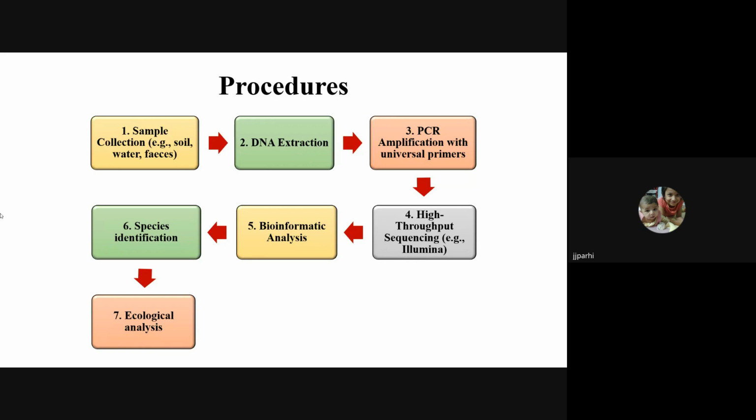Then we do bioinformatic analysis, as the data becomes available. We use different bioinformatic analyses to segregate the species, then species identification follows. After that, we do analysis based on our hypothesis.